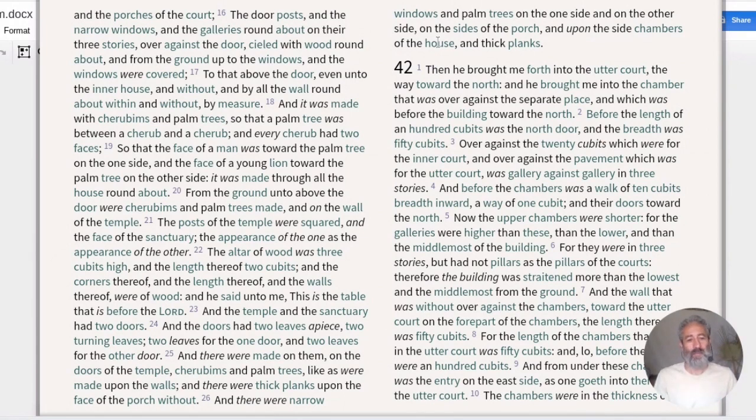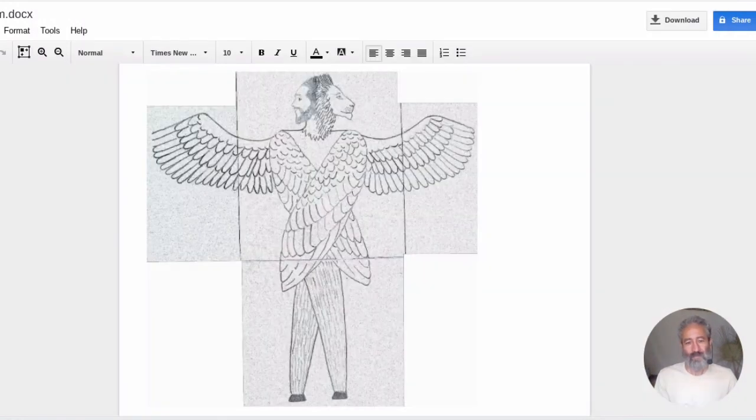We just want to take a moment to read what Ezekiel says, so that when you begin to see the representations of the cherubim that we make here, we want to know what the scriptures say. Now, I want to take a moment just to explain how we actually did this.